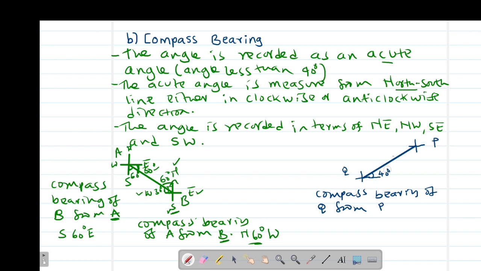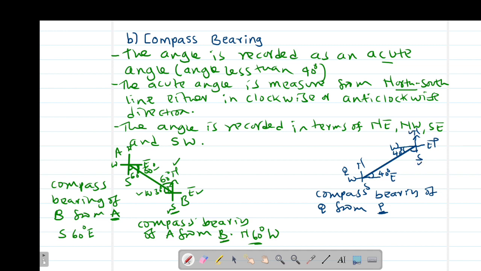Assuming this angle is 40 degrees, it means the other upper angle here must also be 40 degrees, because these are vertically opposite angles. Of course, this is north, this is east, this is south, this is west. So for the compass bearing of Q from P, you measure the angle from the point P. In short, the required angle is this angle here, because this is the angle that is in contact with the north-south line.